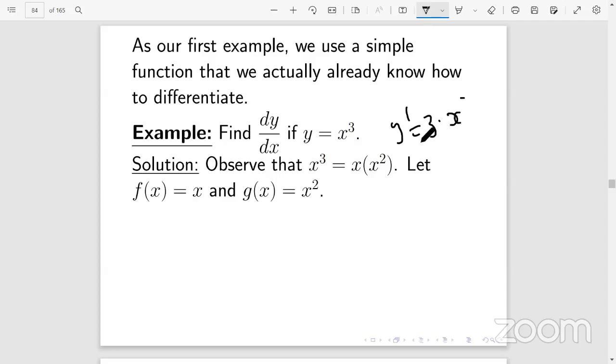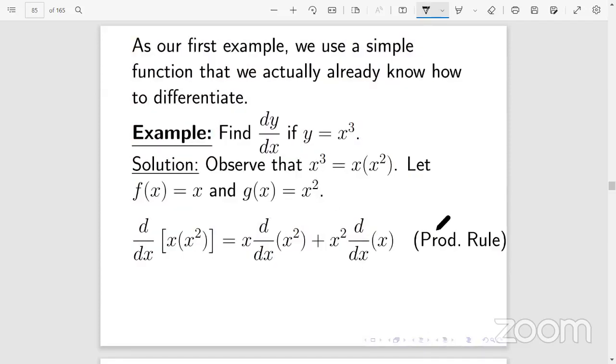But now we want to try using the product rule, whereby we have to get this answer. So this x cubed, we see it as x times x squared, and we say x becomes our f of x and x squared becomes the g of x. So now we are differentiating a product of two functions. Remember the rule said, keep one function constant, differentiate the other, plus the one that you already differentiated, keep it constant, then differentiate the one you kept constant.